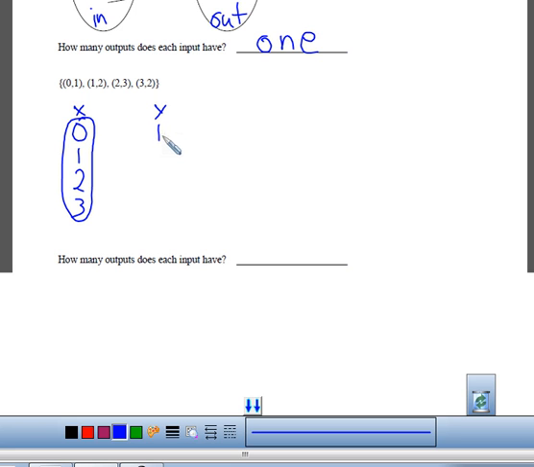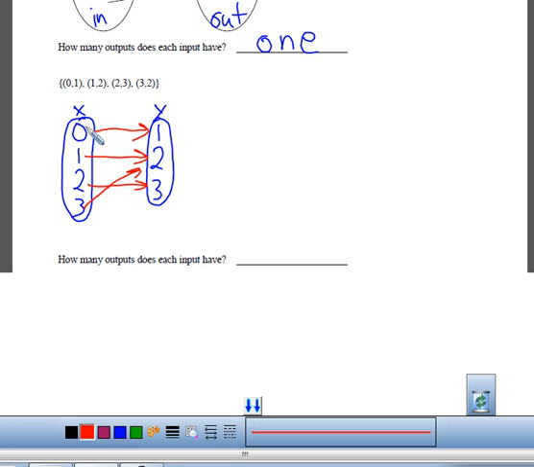So I have 1, 2, 3, and then I have 2 again, but since I already have 2 in this list, I don't have to write it again. Now, connect these with arrows. So 0 goes to 1, 1 goes to 2, 2 goes to 3, and 3 goes to 2. It's okay if the arrows cross over like that. There's no rule against that.